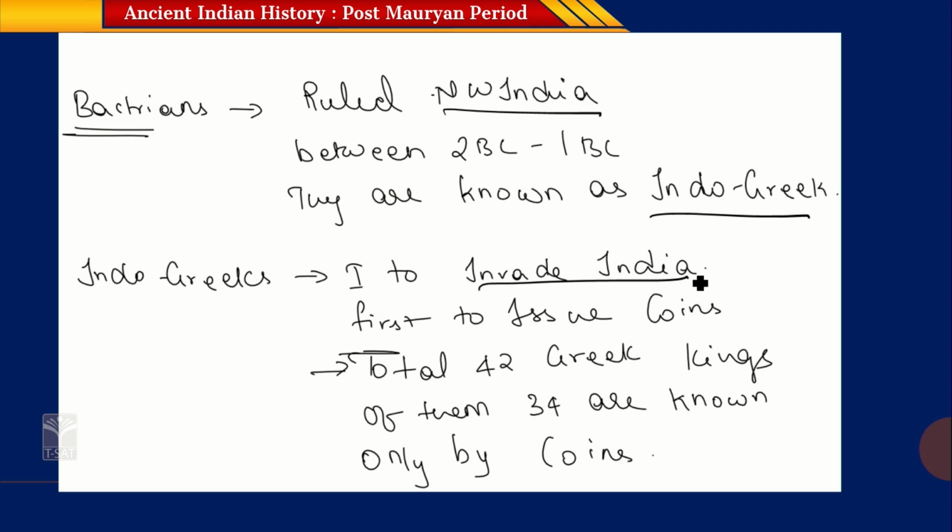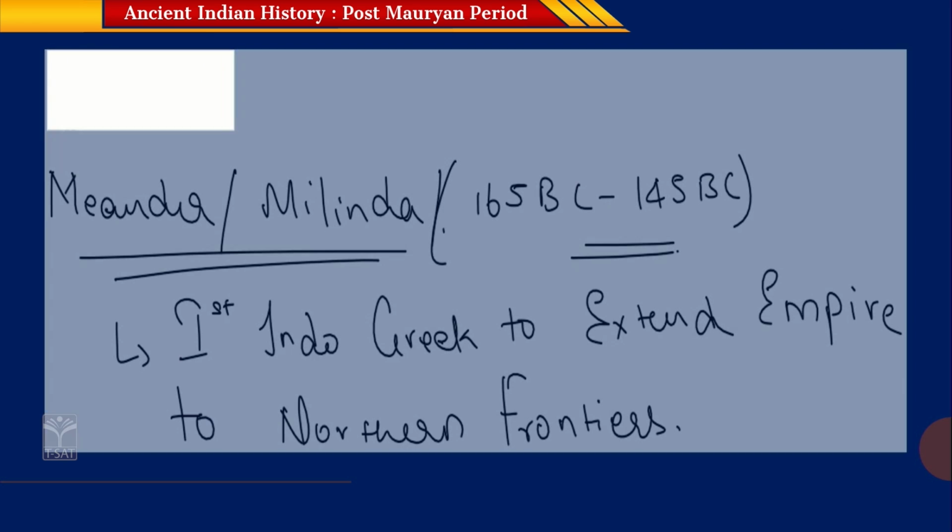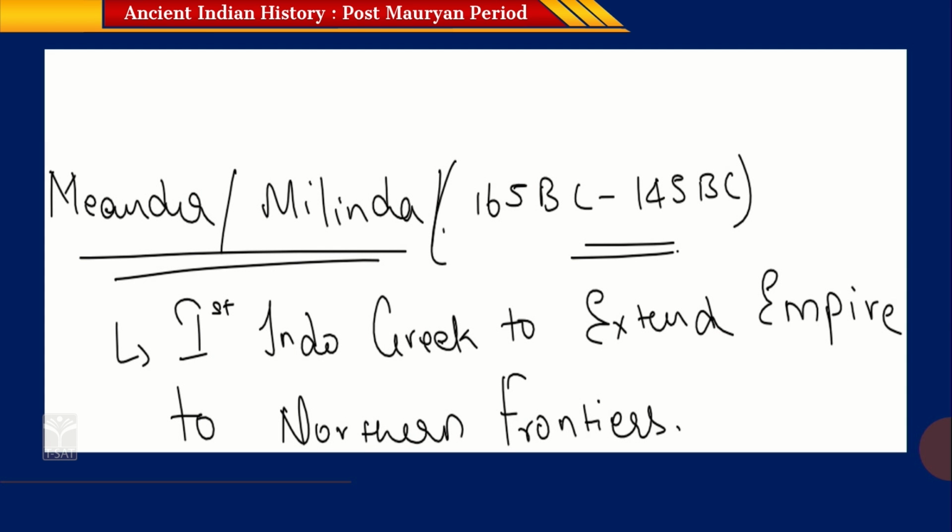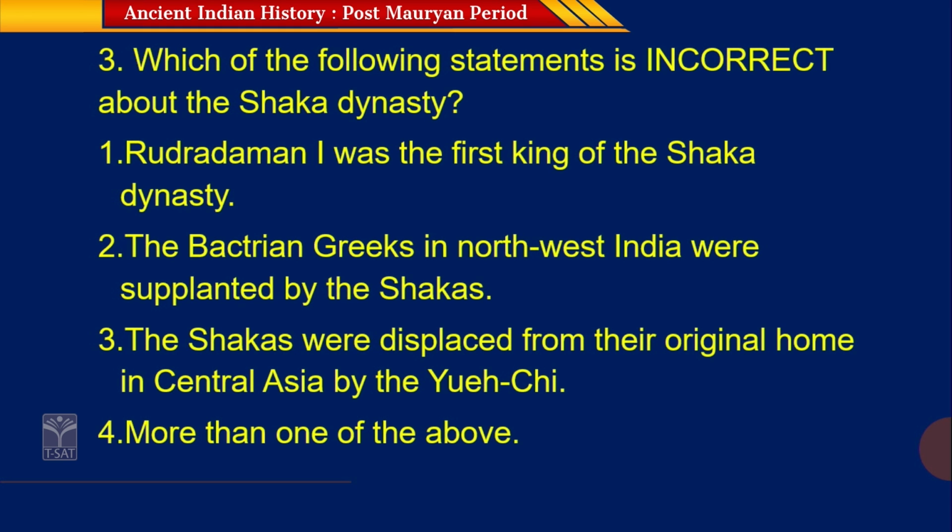They are the first to invade India, first to issue gold coins. In total, we had 42 Greek kings. Thankfully, we know only about 34 of them. Most information about these guys is missing. Menander, probably we think he ruled from 165 BC to 145 BC, and he was the first to extend the kingdom towards India.